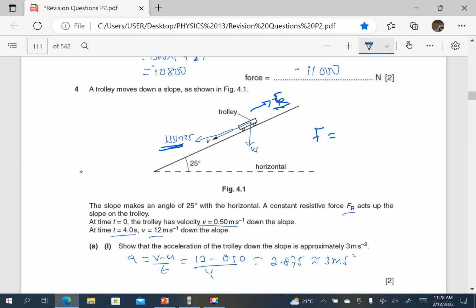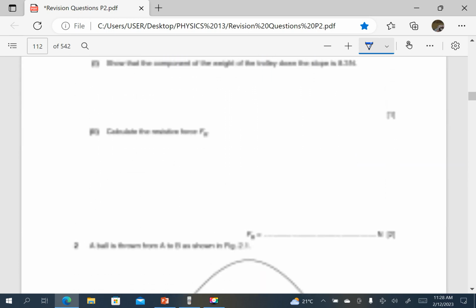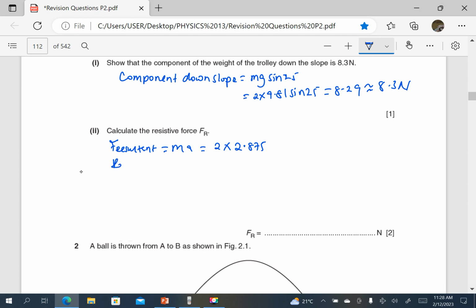So F resultant is equal to the component of the weight down the plane, W sine 25, minus the resistive force Fr. So 2 times 2.875 is going to be equal to mg sine 25, which we have got as 8.29, minus Fr.